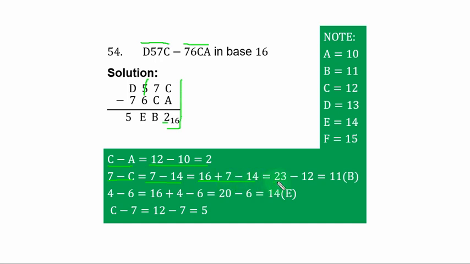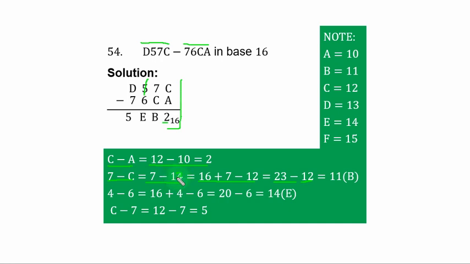Then you add it to 7 first and subtract 14. All right, so let me check that. Let's take the second column again. 7 minus C, and C is equal to 12, not 14.